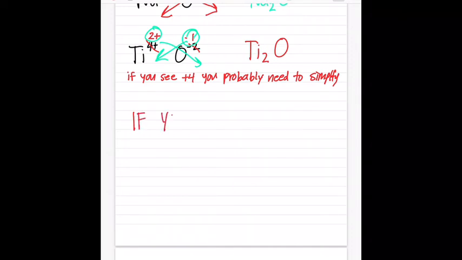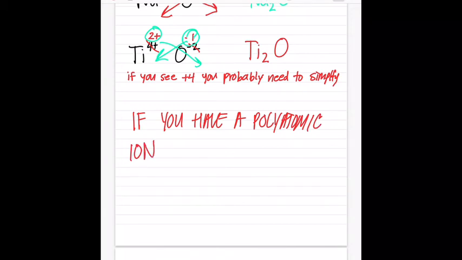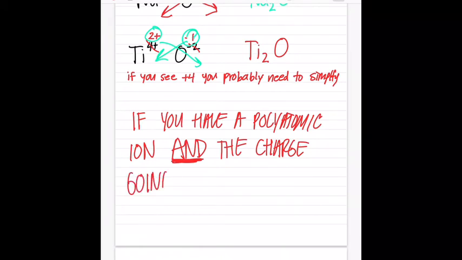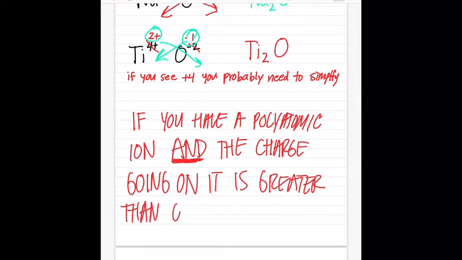If you have a polyatomic ion, and you got to have both of these, and the charge, not the charge it has, but the charge going onto it is greater than 1, you need parentheses.